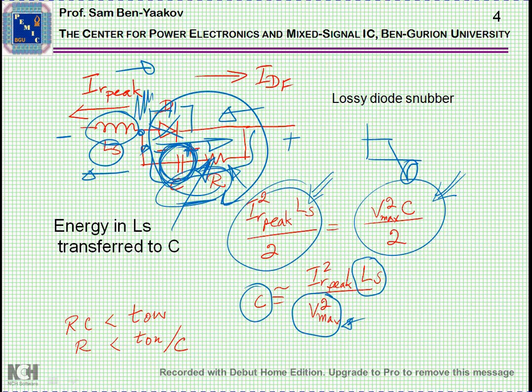So we are losing power here. Maybe we are protecting the diode, but we are losing power in the circuit. Another constraint is that RC, that is the time constant, should be smaller than T on. This is the time that we have when the diode is conducting and we have a discharge of the capacitor. So this will be an example of a lossy diode snubber.